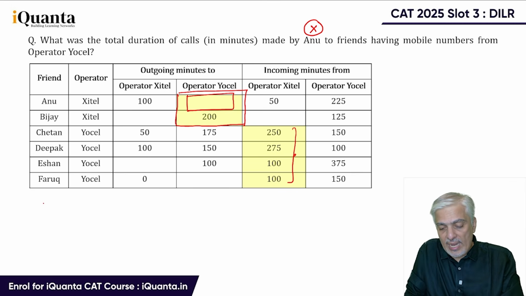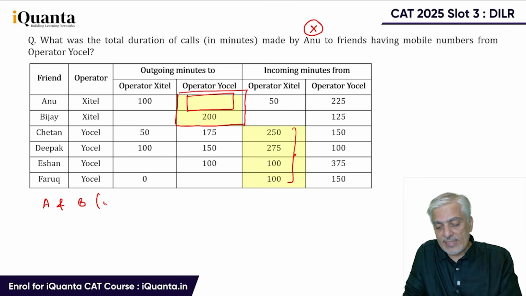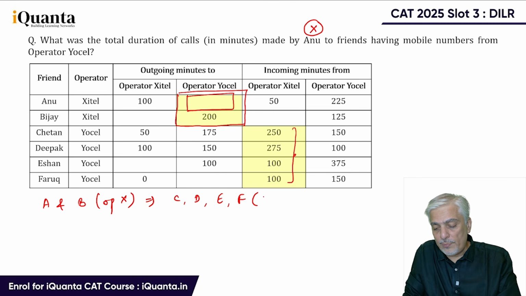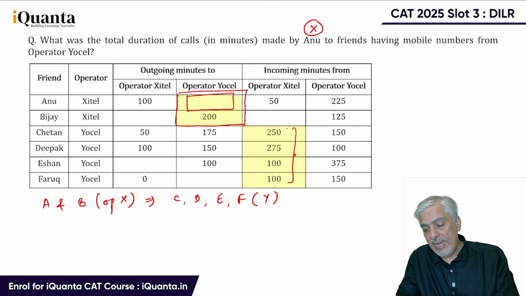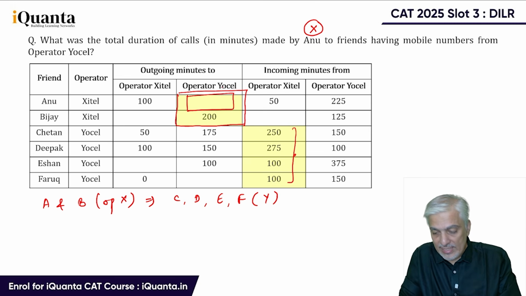Now see, A and B who are operator X are calling C, D, E, F who are operator Y. So this is outgoing from X and this is incoming from X. So these two numbers have to be equal.